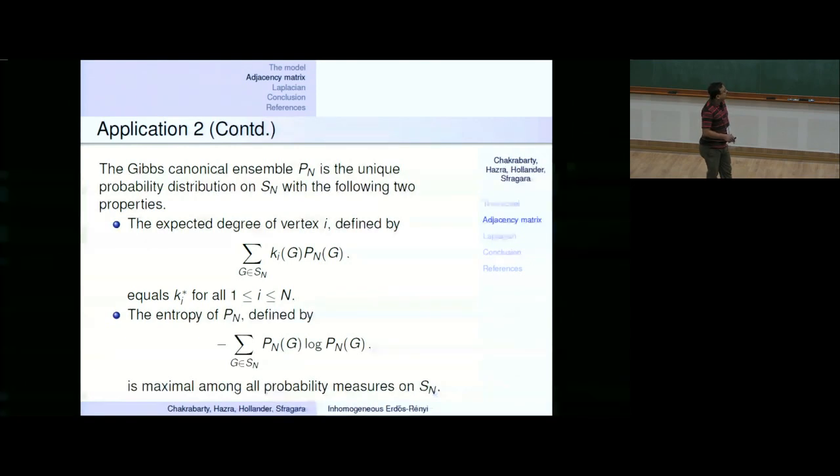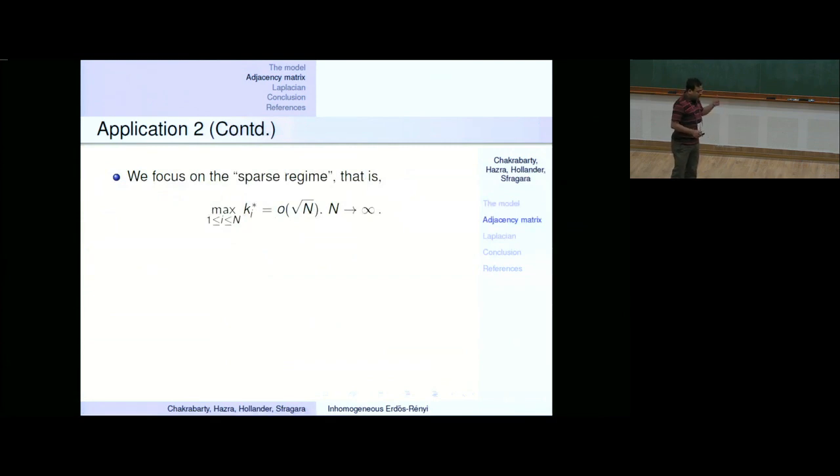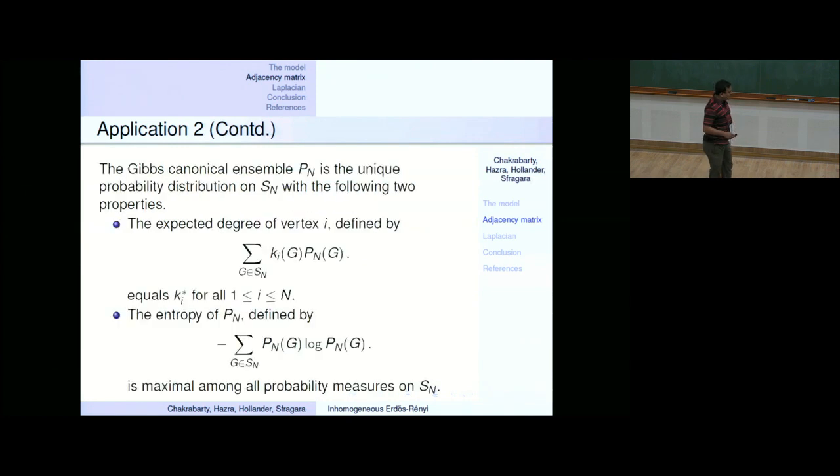And the entropy of P_n is nothing but minus the sum over all g in S_n of P_n(g) log P_n(g), so it is the negative expected value of log P_n. I choose that P_n which maximizes the entropy among all probability measures on S_n. That is generating a random graph by what is called the Gibbs canonical ensemble. It's unique.